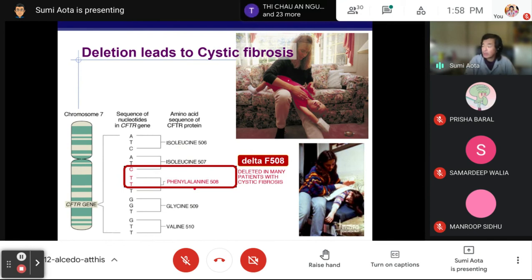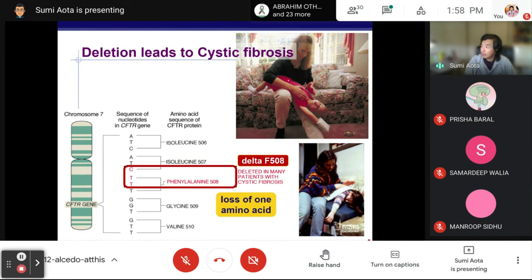So if you have this deletion in chromosome 7, you end up with the cystic fibrosis transmembrane gene. That's what they end up calling it. And it causes your chlorine transporters not to work properly. And so you end up with those conditions. So effectively you lose one amino acid, and it causes all these problems.